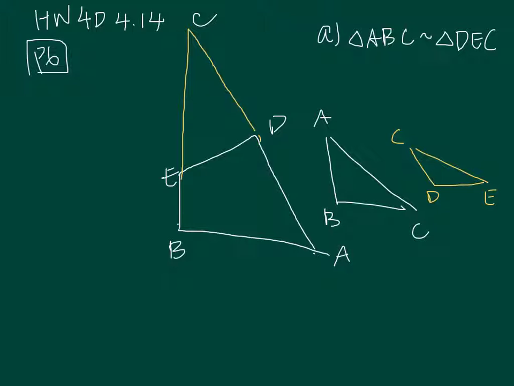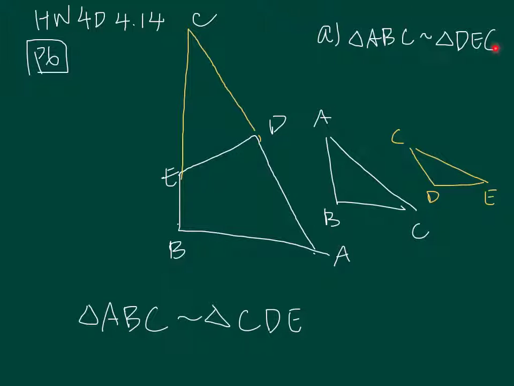The first statement says triangle ABC is similar to triangle CDE. So that means A corresponds to C, vertex B corresponds to D, and vertex C corresponds to E, and segment AB corresponds to CD, and so on and so forth.